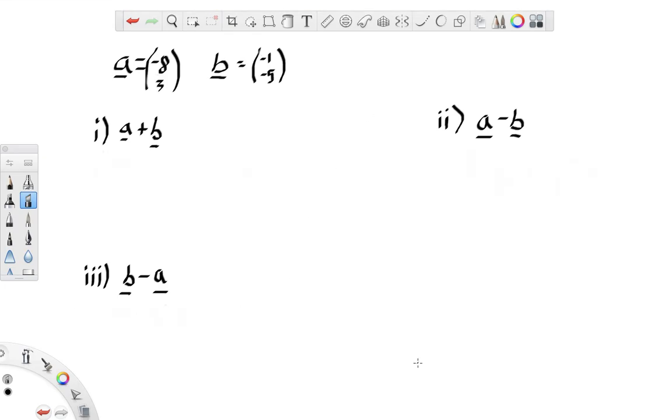Example, we now have the vector A, which is minus 8, 3, and then we have the vector B, which is minus 1, minus 5. So we'll do question 1. A plus B, well, that is minus 8, 3, and we're adding to that minus 1, minus 5.